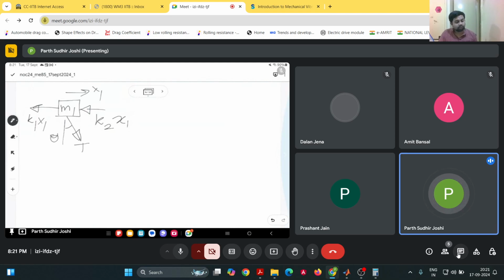Similarly, now for the pendulum mass M2, here we cannot neglect the gravity force M2G, because gravity itself becomes a dynamic force in case of a pendulum, right?